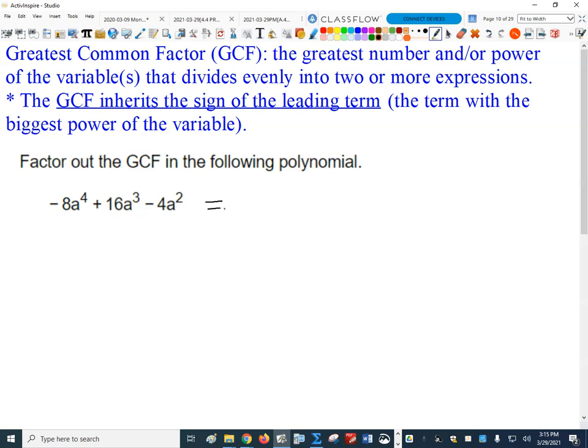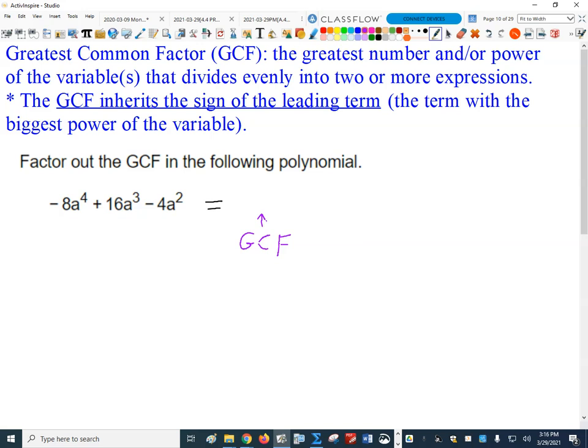So my GCF then, what's going to be the variable part of my GCF here? What's the biggest power of a that I could undistribute from that expression?